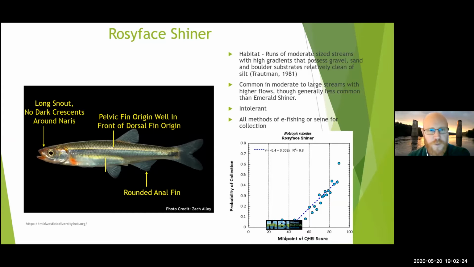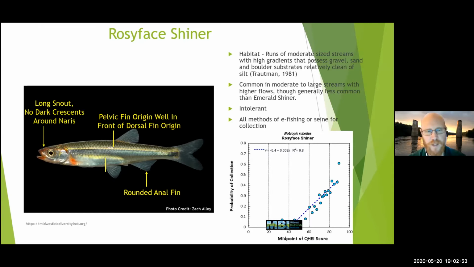So the next one is the rosyface, which this one is a male in color, versus what they normally look like. They're normally very silvery, very similar to the emerald shiners. These guys also have a long snout, longer than the other 2. Their pelvic fins are set in front of their dorsal fin. And with this species, the difference is it's the most between the 3.